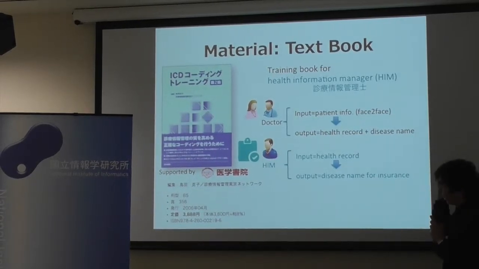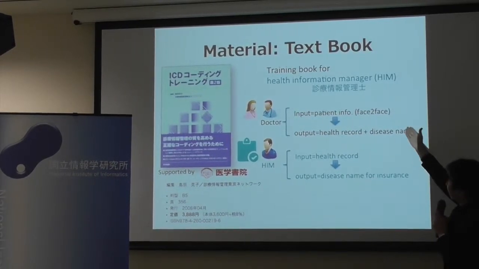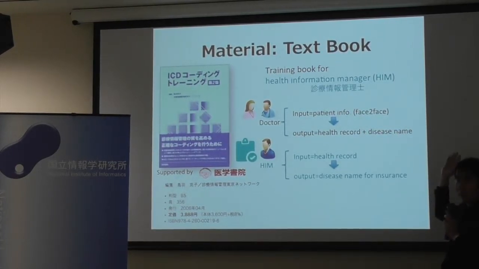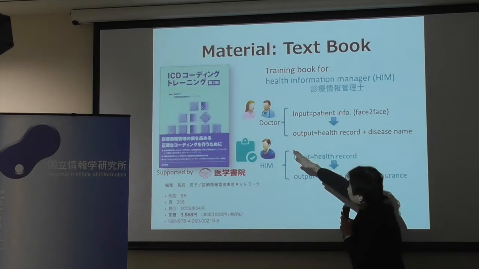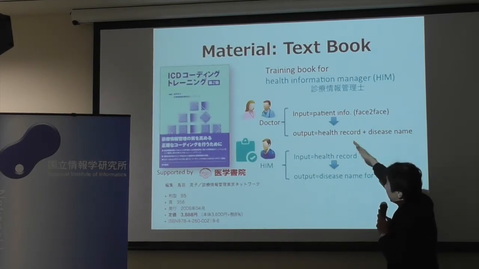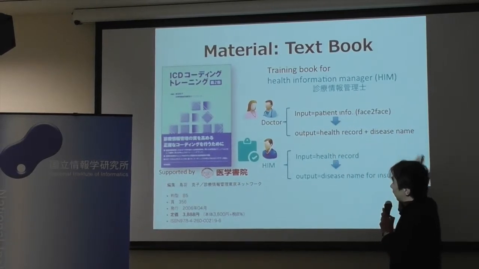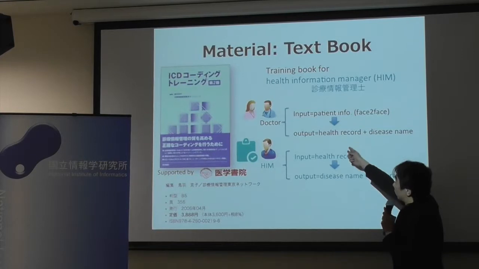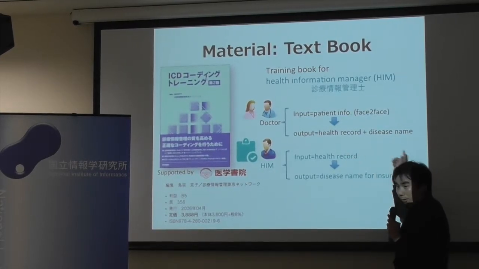I think this task is also similar to the task of a health information manager, because usually a doctor meets a patient face-to-face, and then the doctor decides the final decision and also writes a medical record.